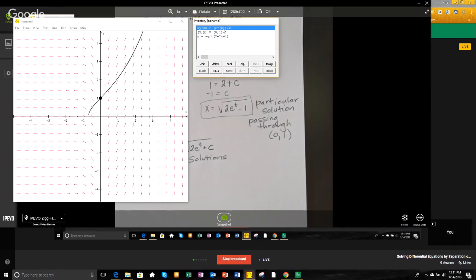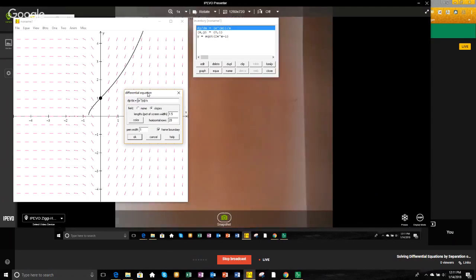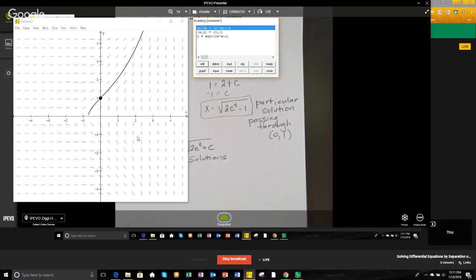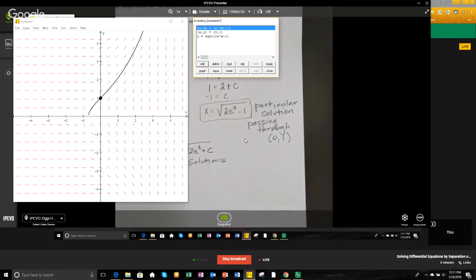I need to switch this. This should be 1 over y. I like that much better. There we go. Now our slope field matches. I got a little bit lost in my x's and y's and t's and x's, but there it is. There's our slope field and it matches, which is really cool.